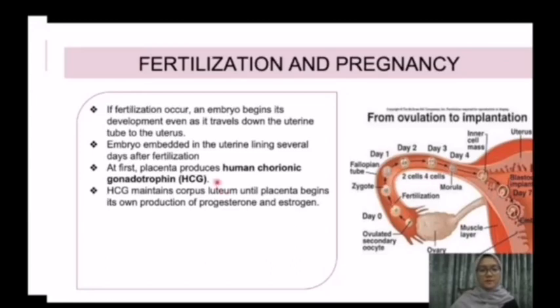At first, placenta produces human chorionic gonadotropin, HCG. HCG maintains corpus luteum until placenta begins its own production of progesterone and estrogen. The function of progesterone and estrogen is that it maintains the lining of the uterus so that corpus luteum is no longer needed, and it also shuts down anterior pituitary so that no new follicle will mature.